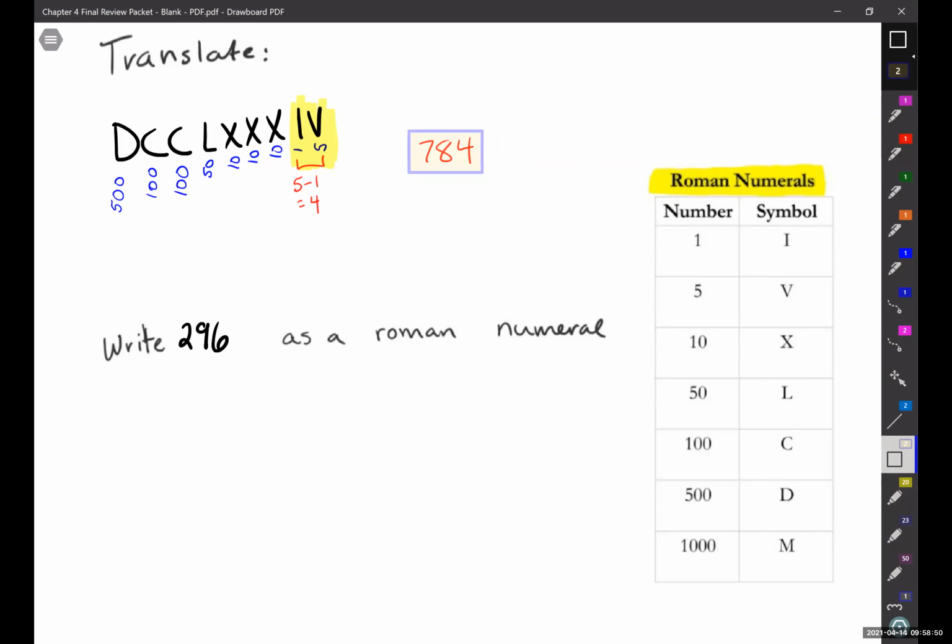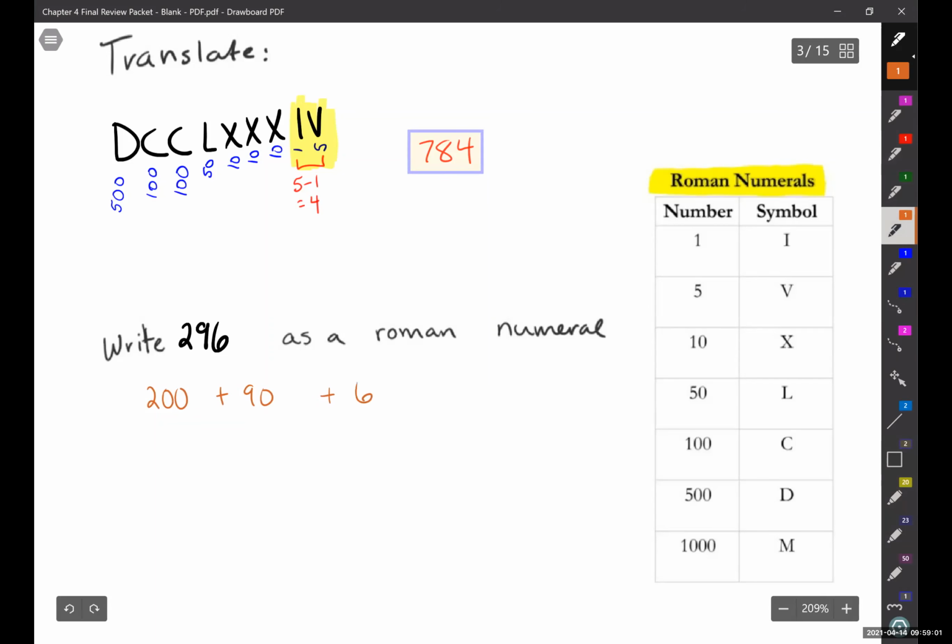Now the next one up, 296. I know I can break this into little pieces. So this is 200 plus 90 plus 6. Now 200 is just two 100s. So that would be CC. Now, in terms of 90, do y'all agree I could write 9 tens, but we want to try to write it as efficiently as possible to be correct in the Roman system.